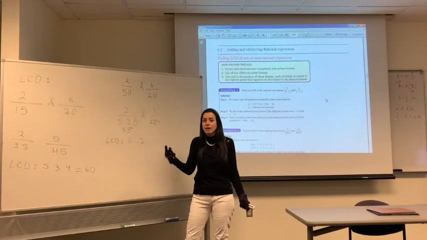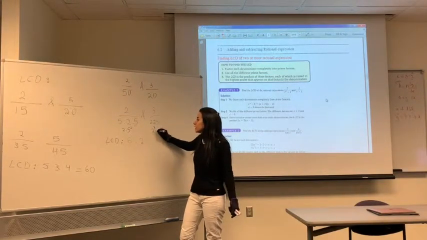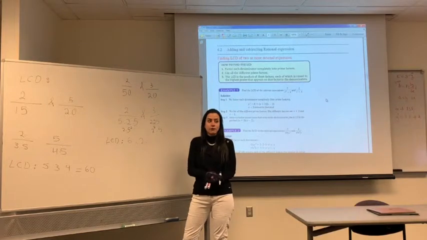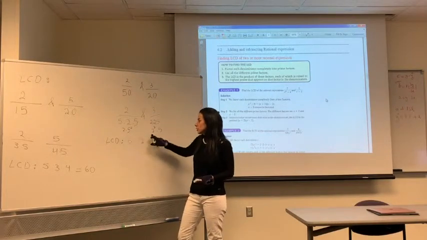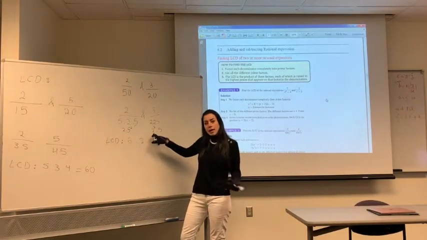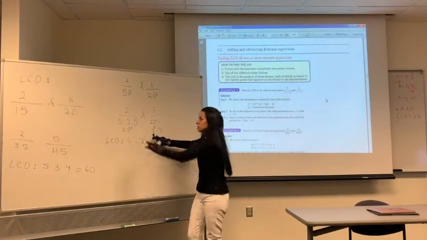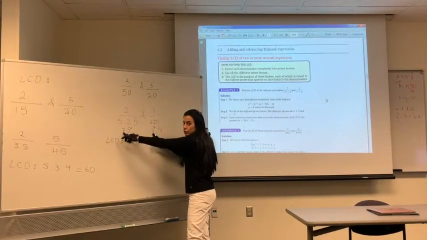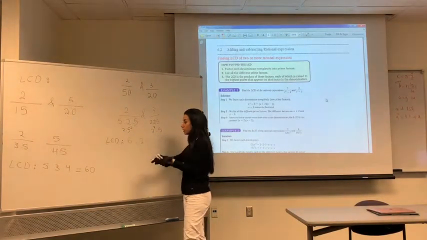The power of 5 is 2, correct? And here we could write down 2 power 2 multiplied by 5, right? Is that correct? Yes. So between these two, which of these has the highest power? 5 squared. Between 2 and 2 power 2, which one has the highest? 2 power 2. So the highest power is 2, right?